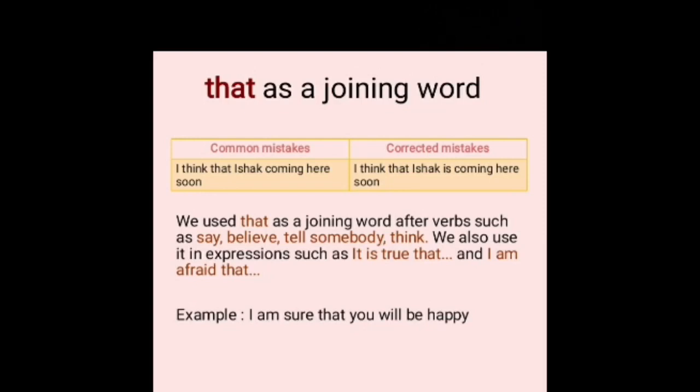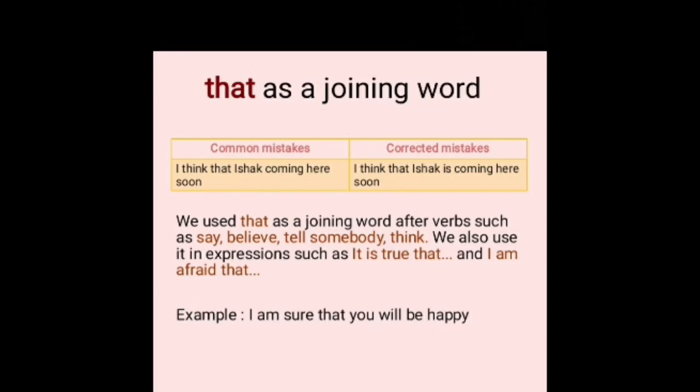A little bit of information. In informal English, we leave out that. So for example, Gopal told me that there was no problem. So it is formal. And then Gopal told me there was no problem. So it is informal.